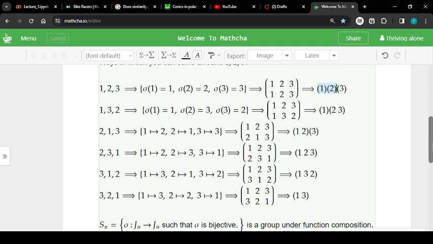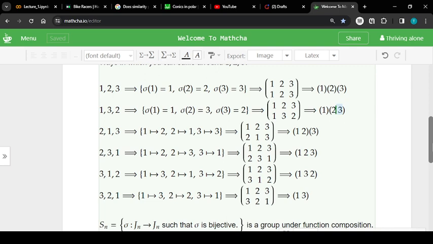This notation is often called disjoint cycles. What do we mean by disjoint cycles? You could think of this as a product of cycles. So 1 is a cycle, and (2 3) is another cycle. We have multiplied them. No two cycles in a product share anything in common.